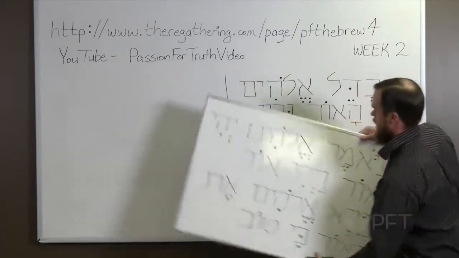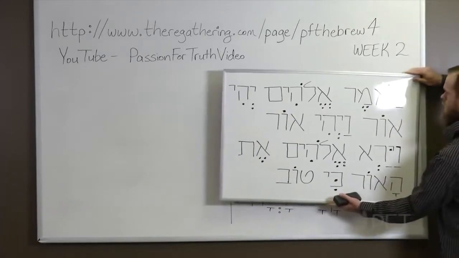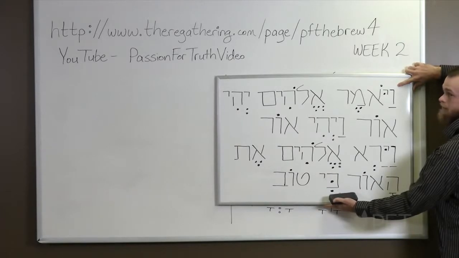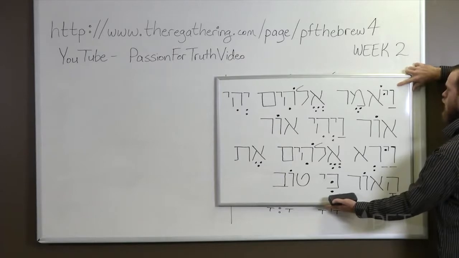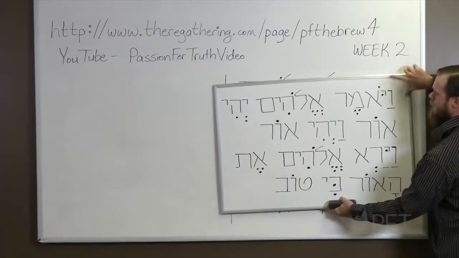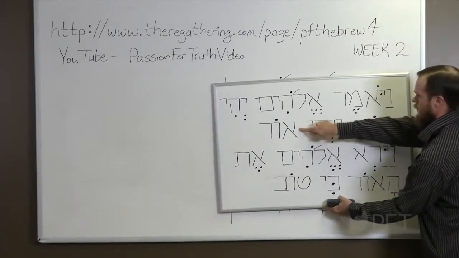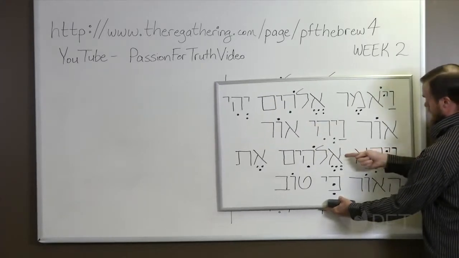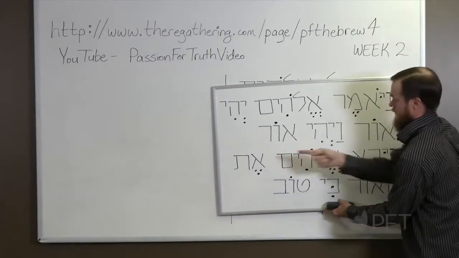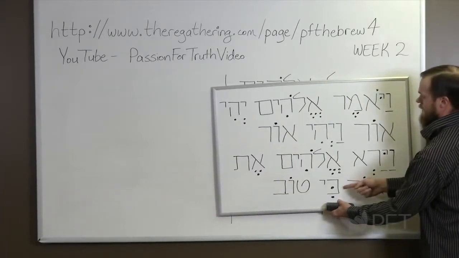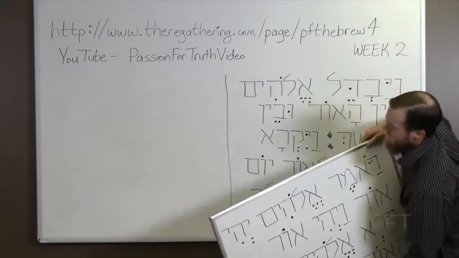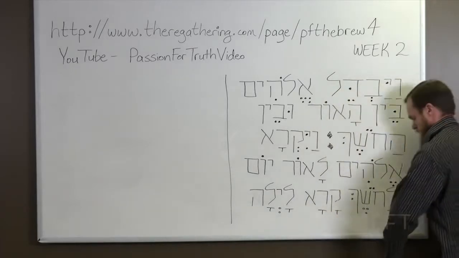So, if you can follow along here, start with Vayomer Elohim Yehi or, Vayehi or, Vayar Elohim et haor ki tov. Okay? So that is verse 3 and the first half of verse 4.